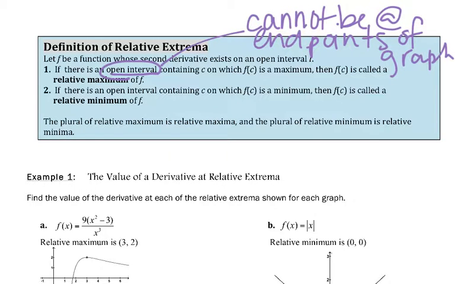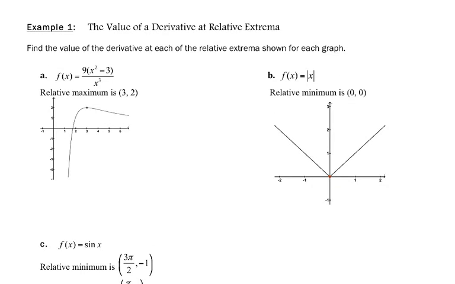All right, let's look at some examples of what characterizes the derivative at a relative extrema. So let's take a look at this f of x. We could use the quotient rule to take the derivative, but that's going to take a little while. We might want to just multiply this out and simplify.